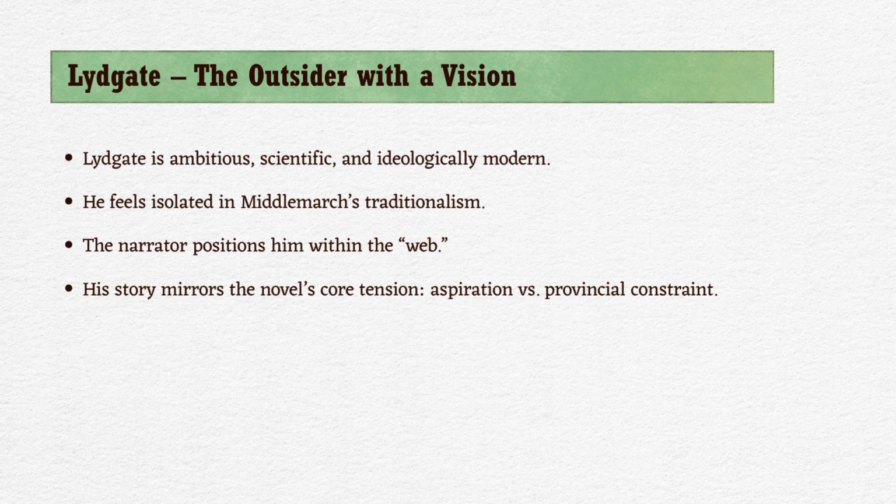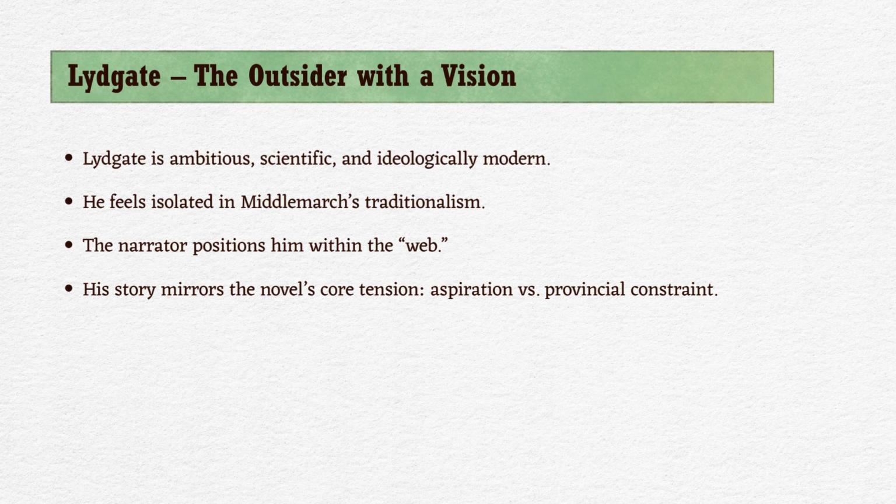His tragedy will not be personal failure, but systemic absorption. The web traps him, professionally through Bulstrode's financial support and personally through his marriage to Rosamond. Through Lydgate, Eliot critiques how structures, social decorum, gender expectations, financial pressures can sabotage even the most sincere reformist ideals.